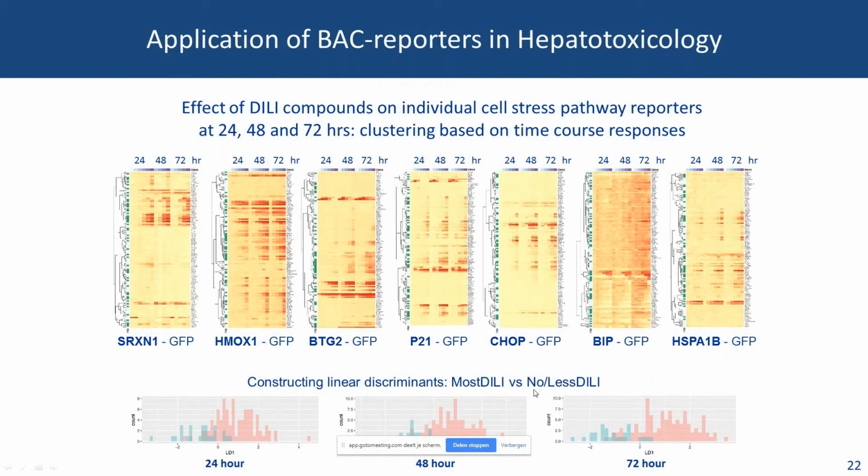And then with linear discriminants, we tried to predict how well we could predict the DILI labeling. And in fact, in 66% of the cases, we were correct, which might not sound like a lot, but it's already way better than the current models that are focusing on the classical endpoint, cytotoxicity. But obviously, we're not satisfied yet.